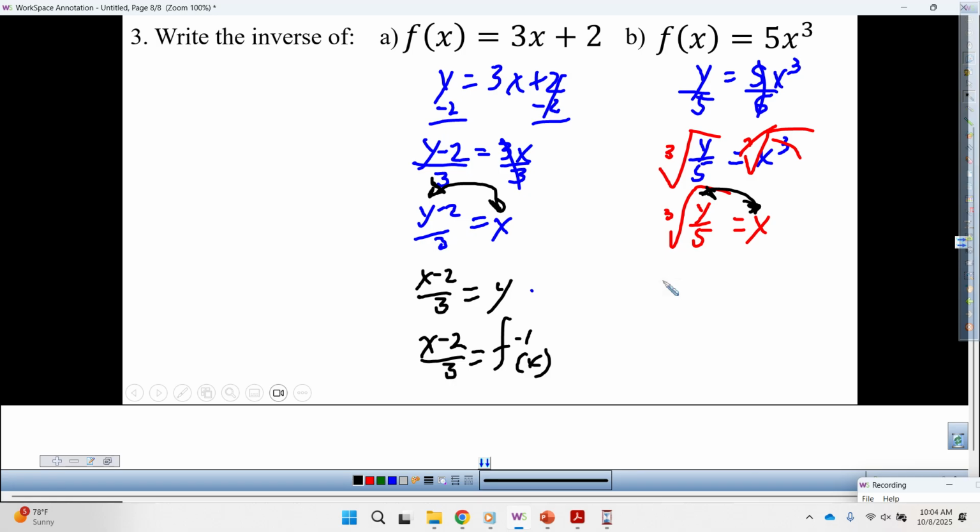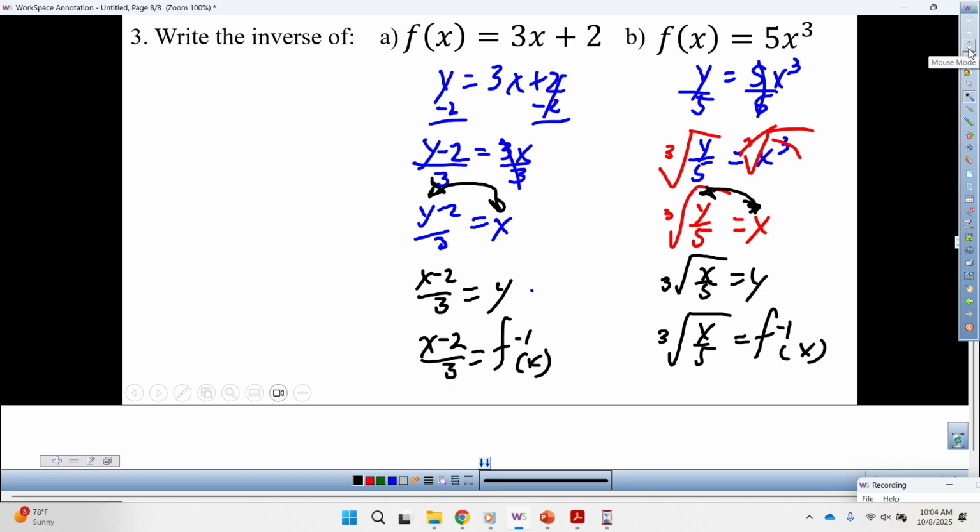So we end up with cube root of x over 5 equals y, and in function notation, cube root of x over 5 equals f inverse of x. Pretty good, yeah? Oh yeah, we love these.